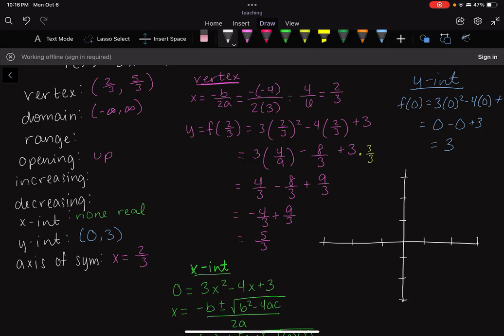2/3, well, I know it's smaller than 1. 5/3, just a little bit bigger than 1. So my point here is going to look something like about right here. 2/3 is about 0.6 or so, and then 5/3 is about 1.6.